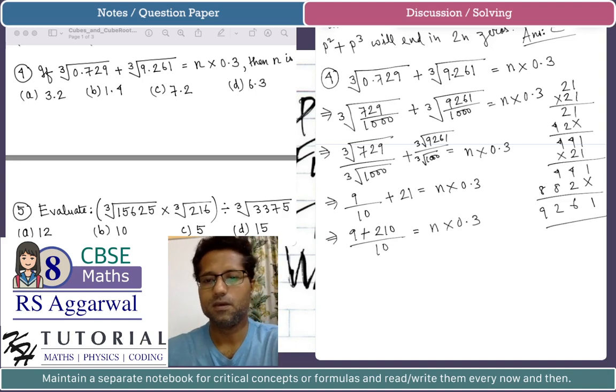Now the cube root of 9261 is 21, we have found, so 21 by 10.